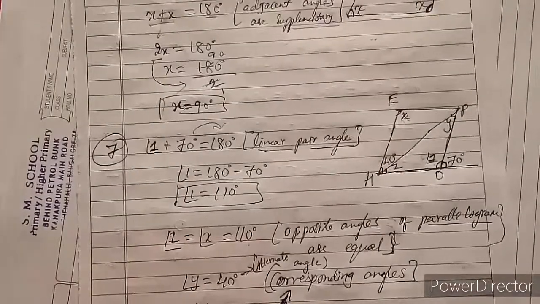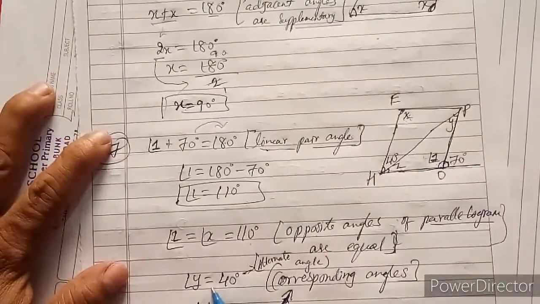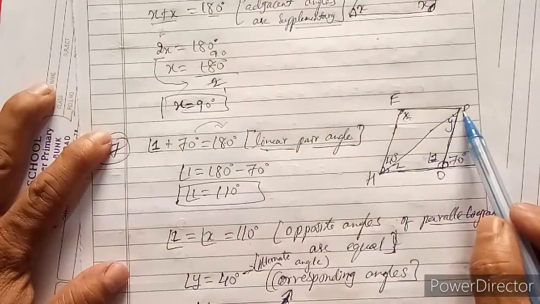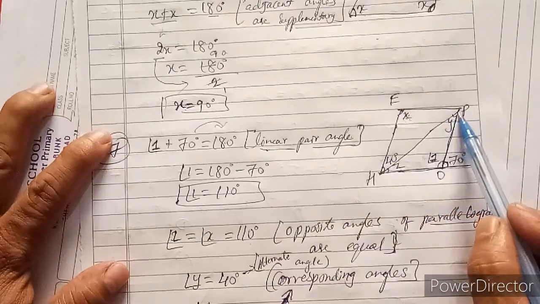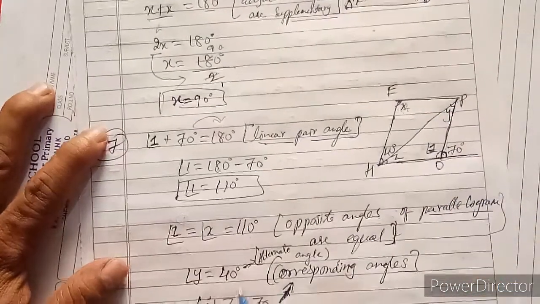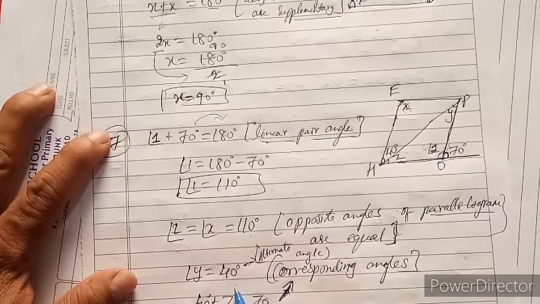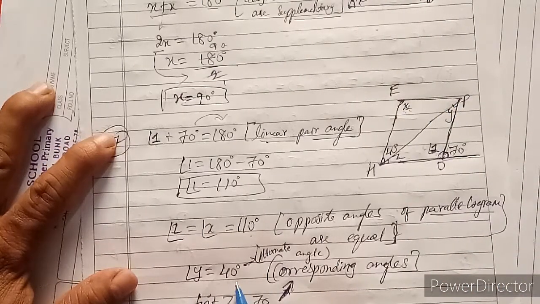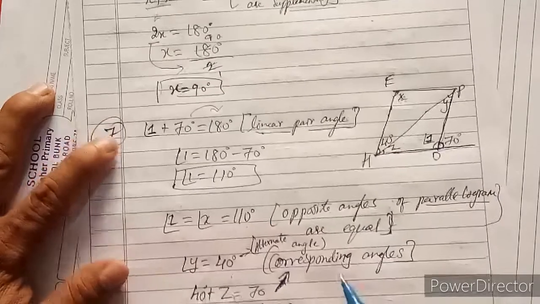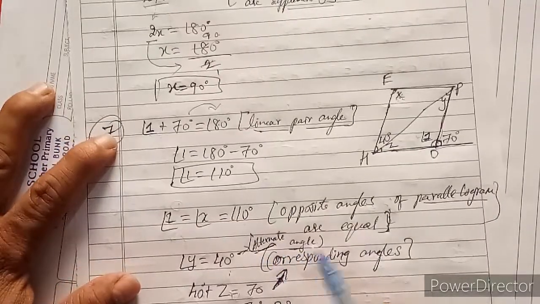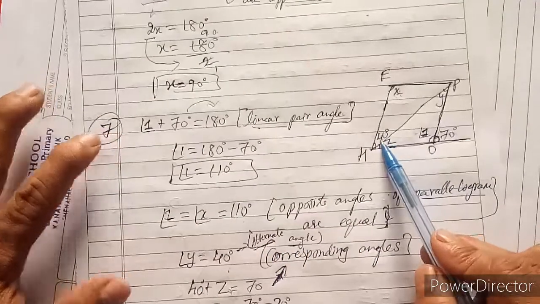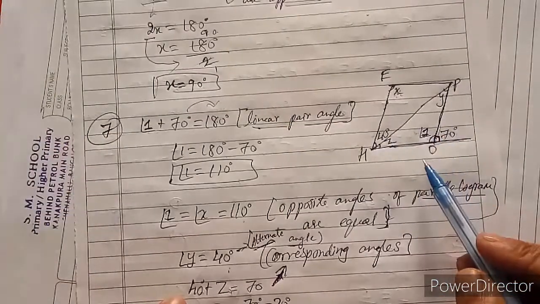Now here angle y is equal to this angle, and what do we get? Angle y is also 40 degrees. How? See, that is for alternate angles. So y is also 40 degrees.